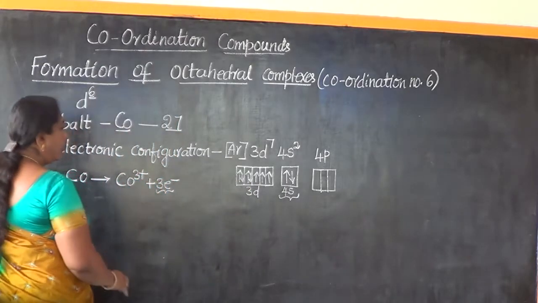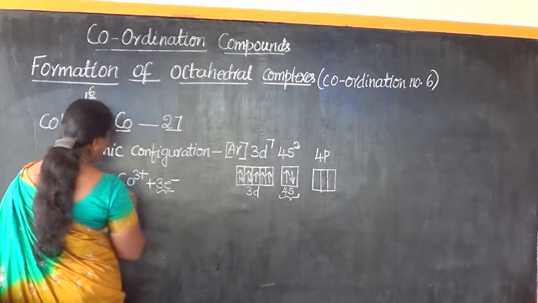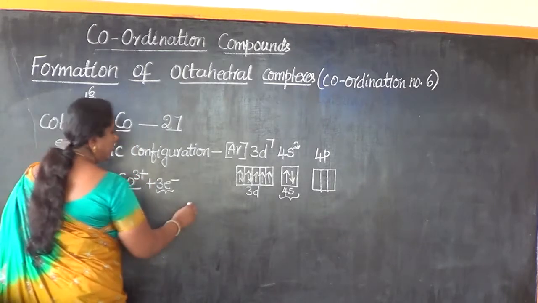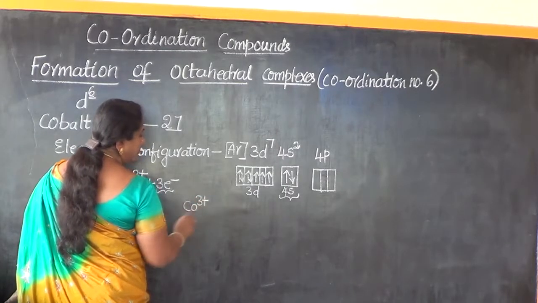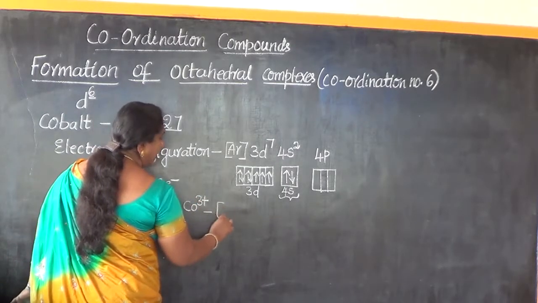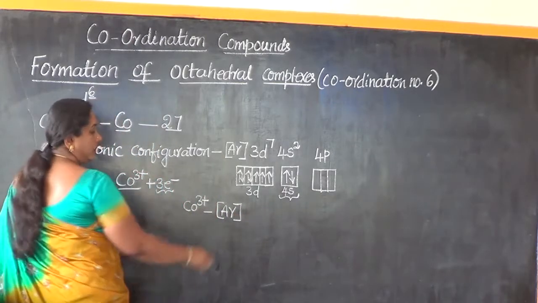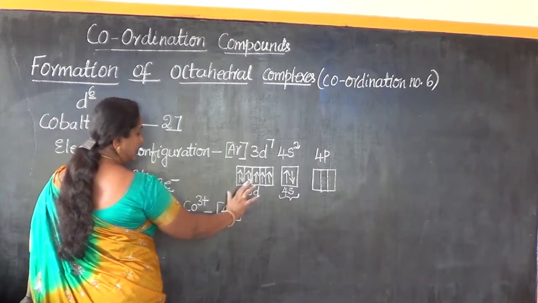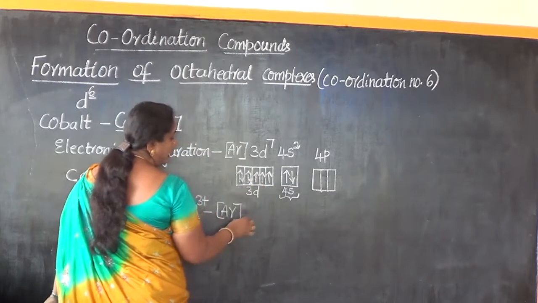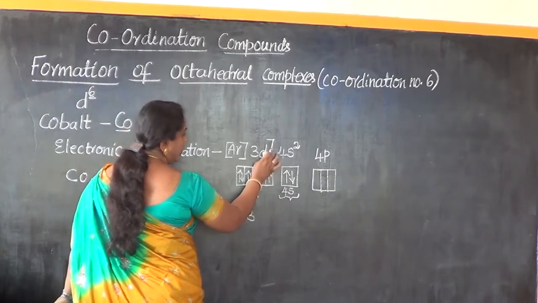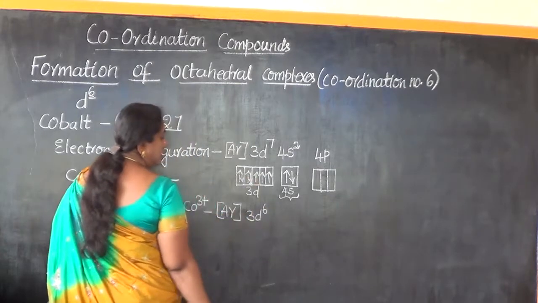So let me write the orbital diagram and the configuration when Co becomes Co3+. What is the electronic configuration when Co becomes Co3+? Argon, this is the inner configuration level, and it will be retained as it is, with no change. Now it will lose 1 electron, so from 3d7, if 1 electron is lost, it is going to be 3d6.